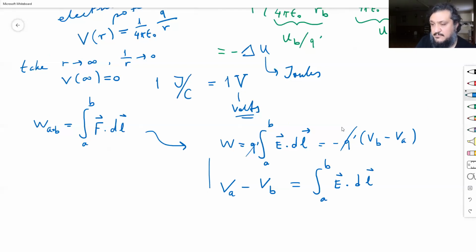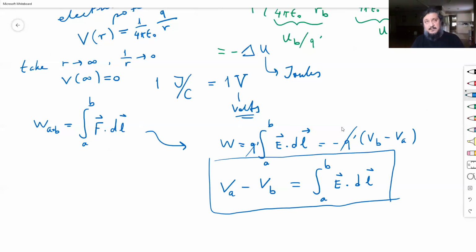Okay. So you take work and energy out of the picture. You just think in terms of electric potential, this new quantity, and the electric field itself.